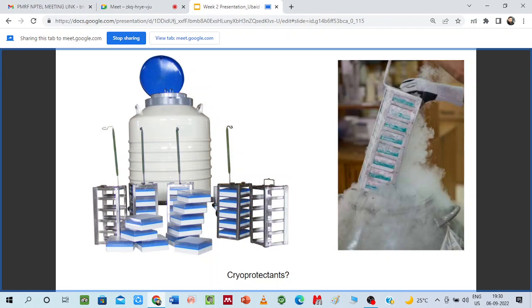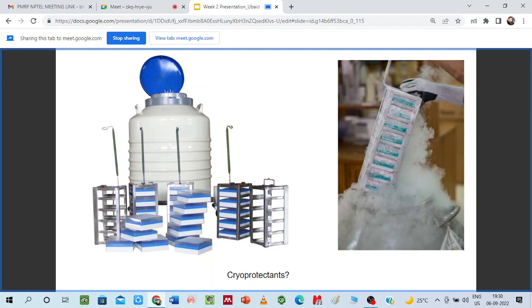But in both cases, as you know, in our cells the cytoplasm is the aqueous phase, and it gets frozen, and after freezing, ice crystals may form in the cells, and these ice crystals damage the cells.